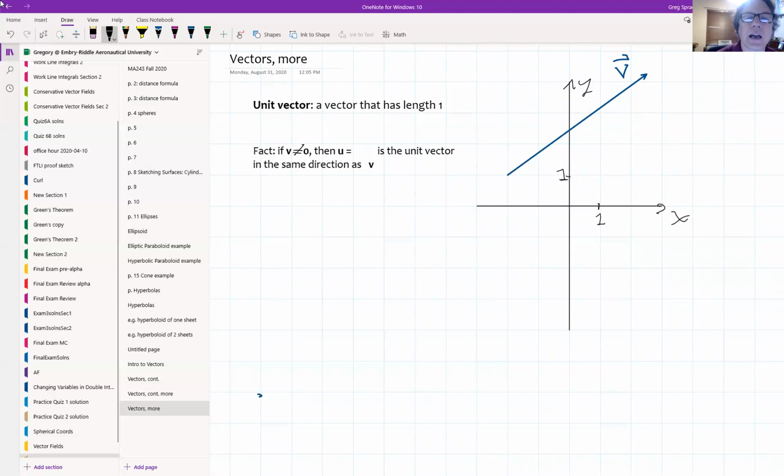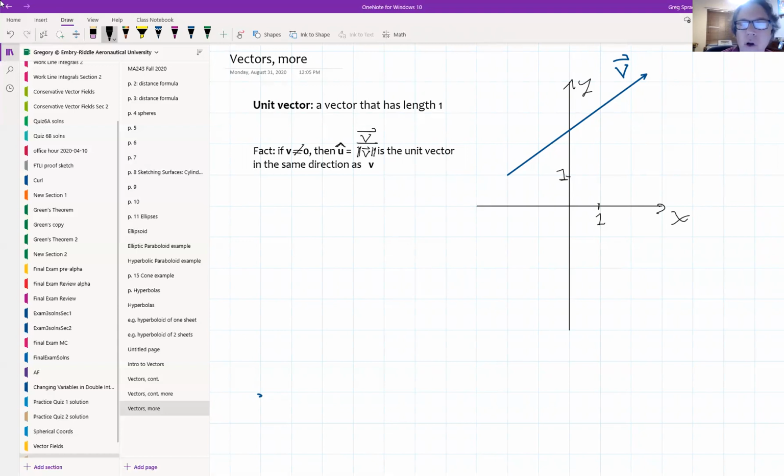So if V is a non-zero vector, then the vector V divided by length V is the unit vector in the same direction as V. And often people use a hat over a unit vector to emphasize it's a unit vector.